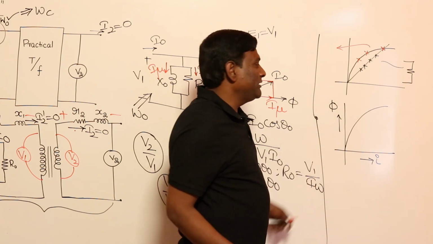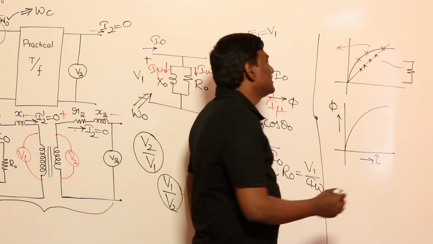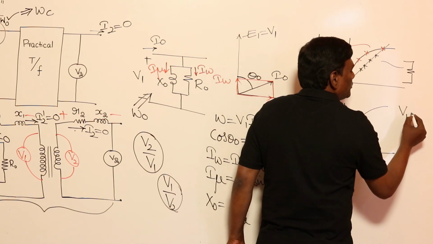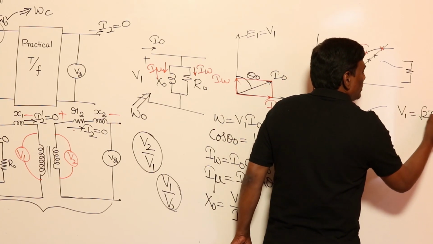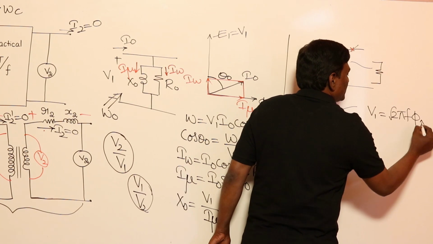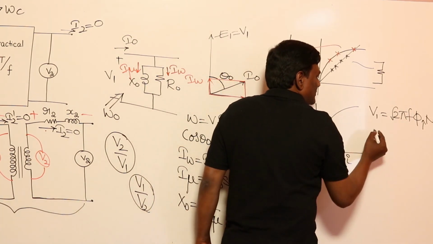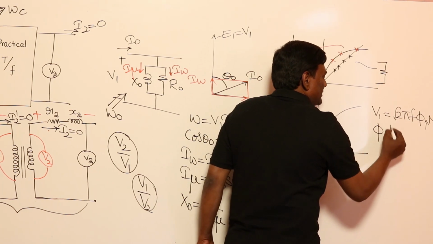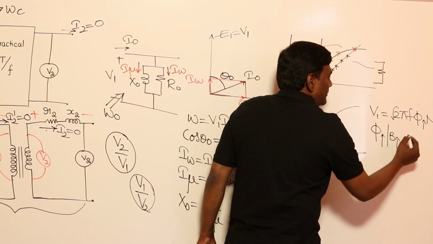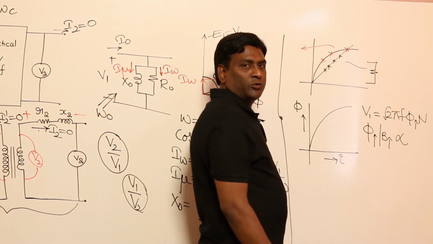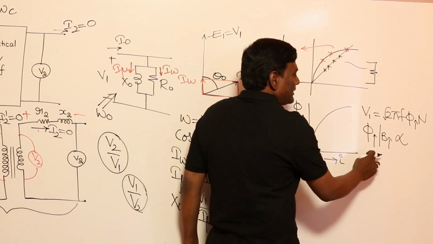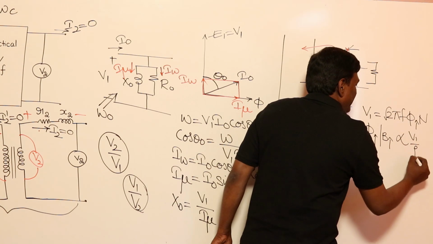Let us think of our previous no-load condition equation: V1 equals root 2 pi f phi max N. Phi max, or we can say B max, anything is fine, because the area of cross section of the core is constant, so it is directly proportional to V1 by f.